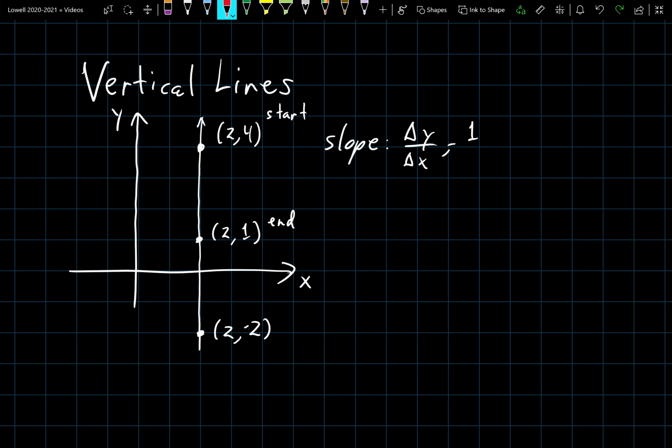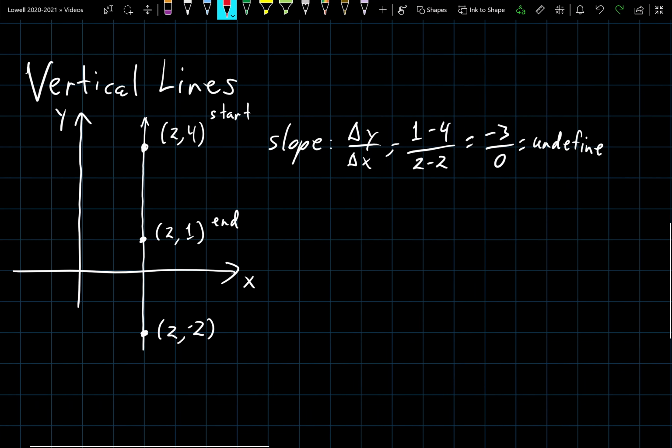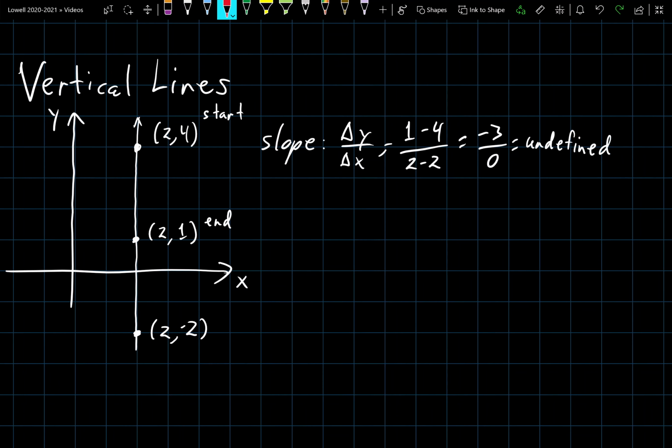But the way I've written it, I'll do 1 minus 4, and then our change in x, well, I'm not going anywhere horizontally, I'm just going straight downward. So that'll be 2 minus 2. If I evaluate this, it's going to say -3 over 0. And we've seen stuff like this before. We would call this, at least the number anyway, undefined. And thus the slope would be undefined.